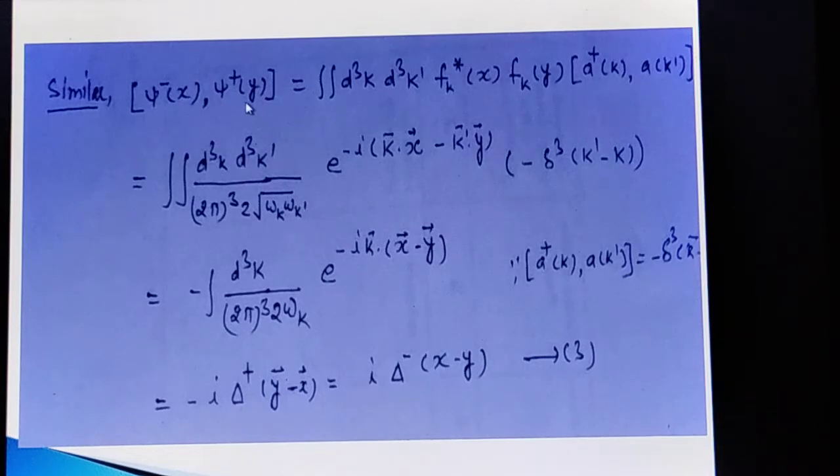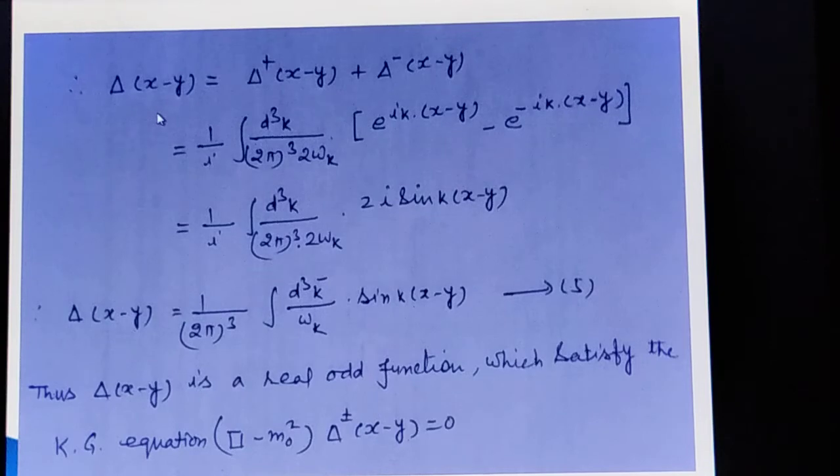This is the value of this commutator, and defining it like this, with a minus on this side, this integration is equivalent to i delta plus y minus x, and if you include this minus sign with it, then you can write i delta minus x minus y. So this is the value of the commutator psi minus x comma psi plus y.